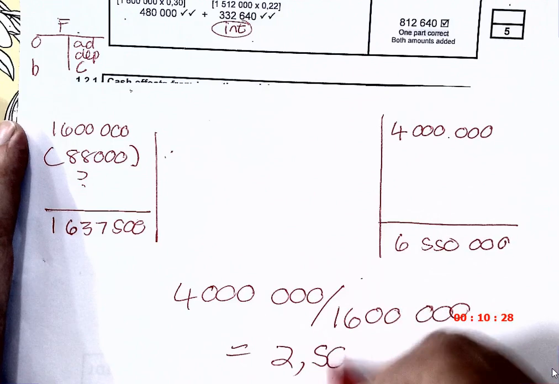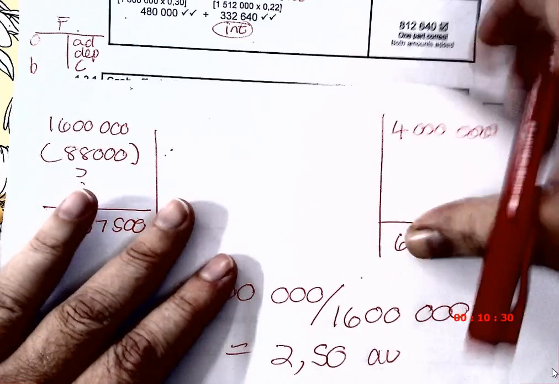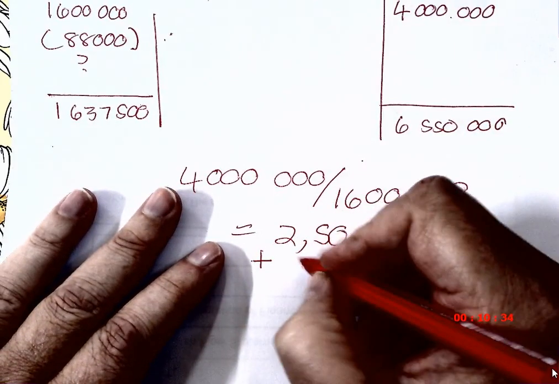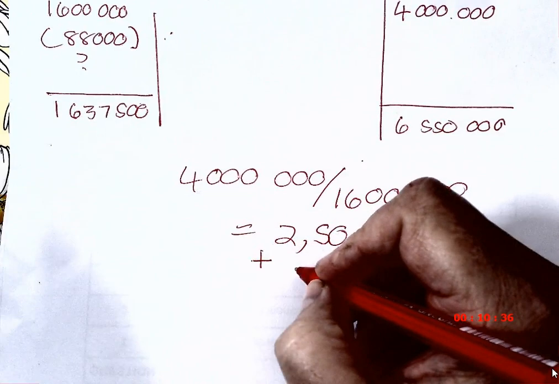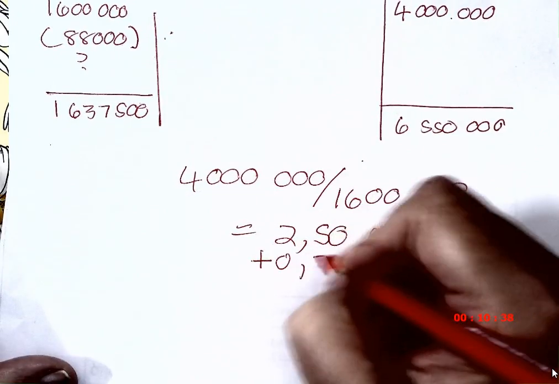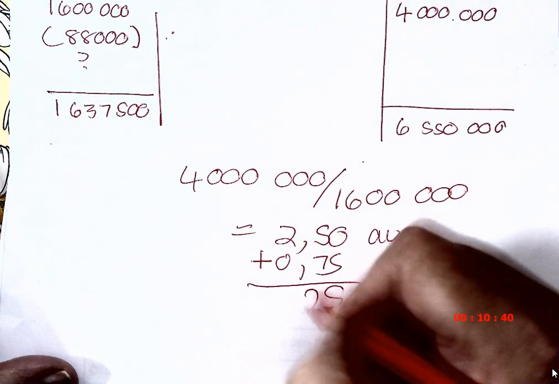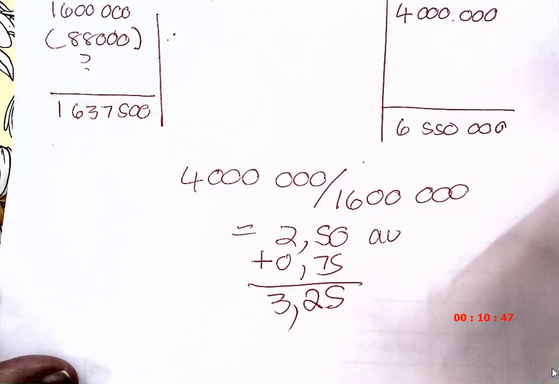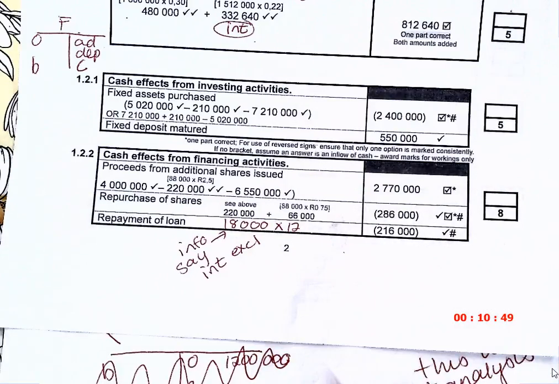Okay, so that's the average. But we repurchase it at 75 cents above average. So add 75, it gives me R3.25.